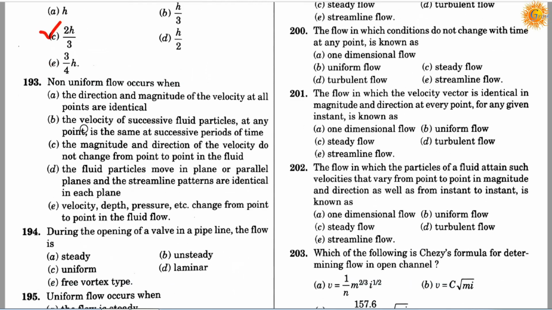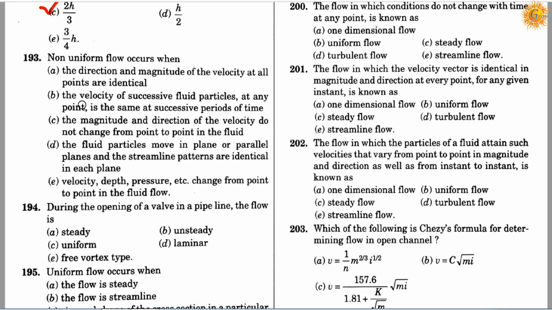Question number 193. Non-uniform flow occurs when option A, the direction and the magnitude of the velocity at all points are identical, option B, the velocity of successive fluid particles at any point is the same at successive periods of time, option C, the magnitude and direction of the velocities do not change from point to point in the fluid, option D, the fluid particles move in plane or parallel planes and the streamline patterns are identical in each plane, option E, velocity, depth, pressure, etc. change from point to point in fluid flow.